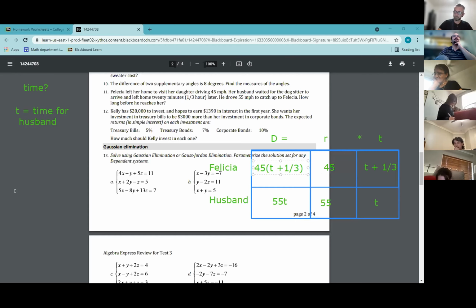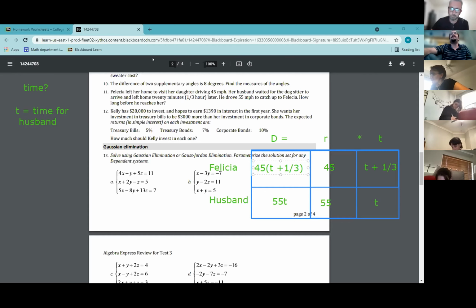You'll just have to do a little wiggling to get back to the husband's time, because you let T be Felicia's time. It still works and gives you both the times. You just have to go back and look at how you defined your variables.